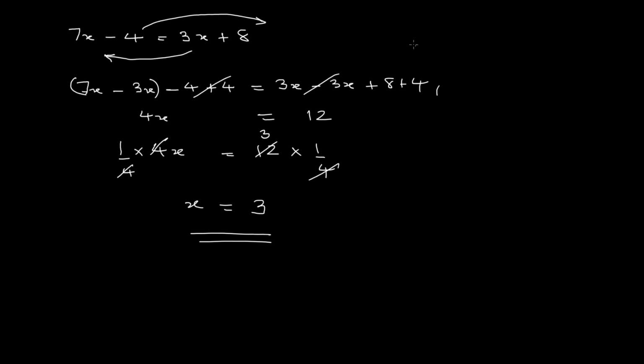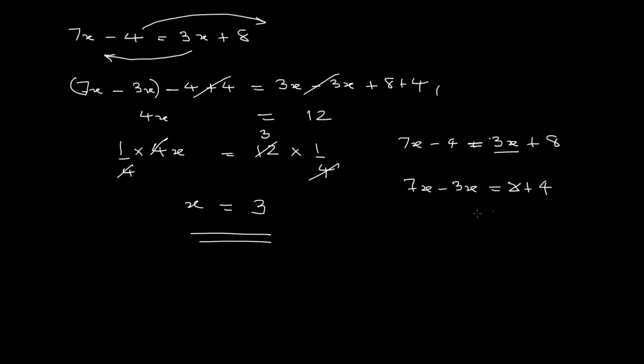There are obviously shortcuts to this. Like, for example, if you are doing this, this is what you're doing. So I already know that if this comes to the other side, it will be a negative, and if this goes to the other side, it becomes a positive.